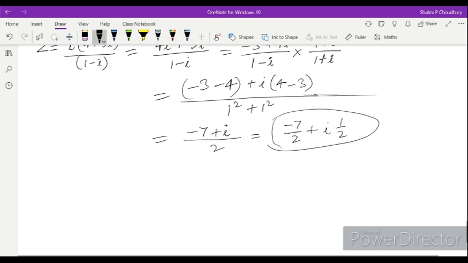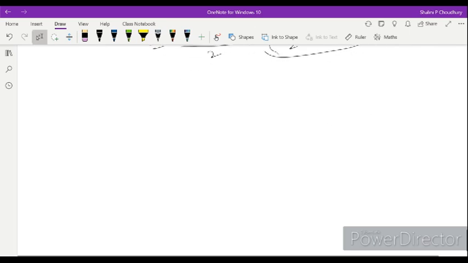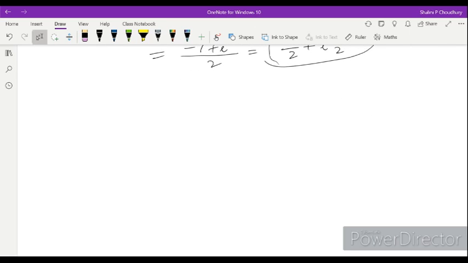Now if we have another kind of sum: we have to show that minus 1 plus square root of 3i to the power 3 is a real number. So first of all we'll find the value.